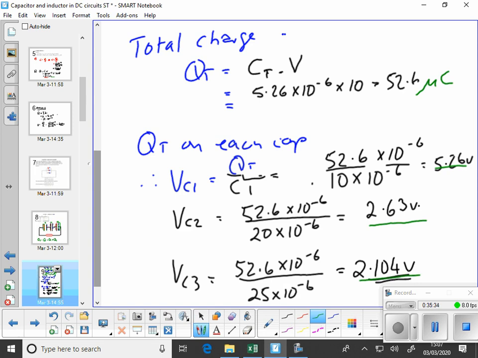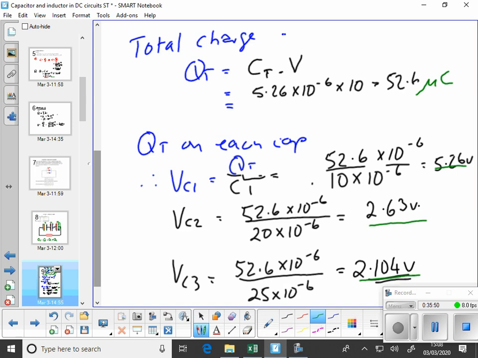So it's interesting to note that the biggest capacitor has got the least voltage to hold the same amount of charge. Does make sense if you think about it.